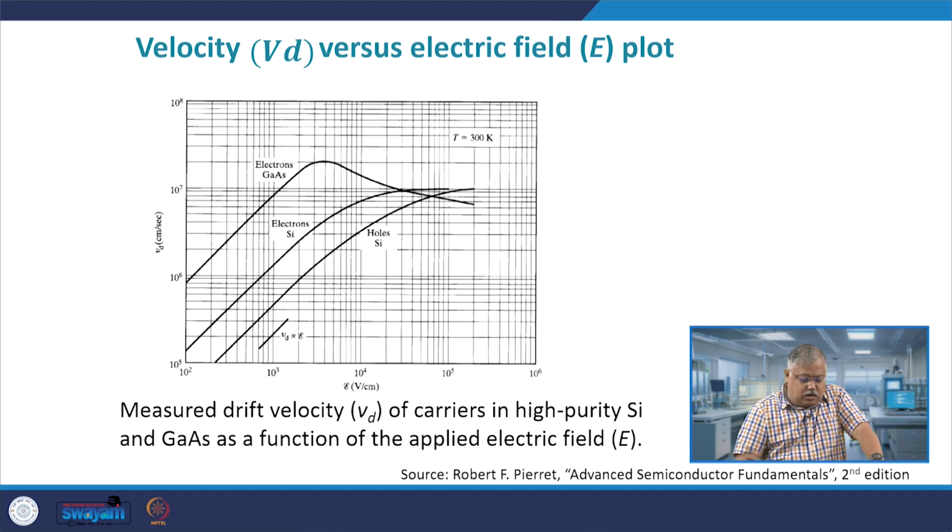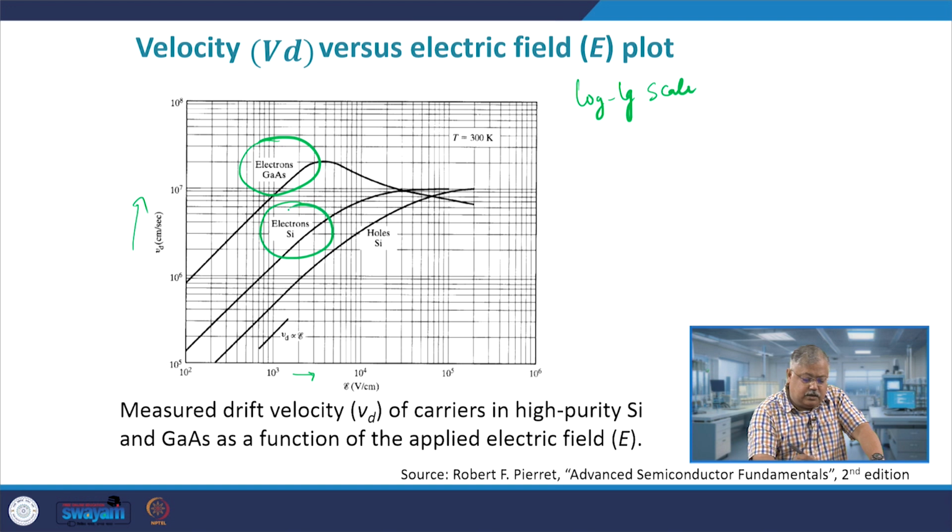If you look here, this is a log scale, so both your electric field and your velocity are log, and this is for electrons in gallium arsenide, this is electrons in silicon, and these are holes in silicon.